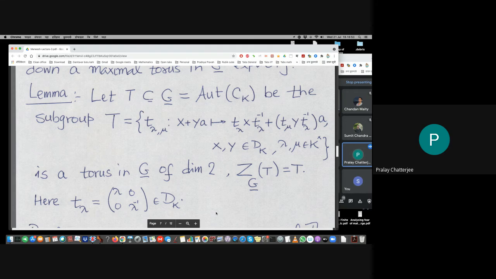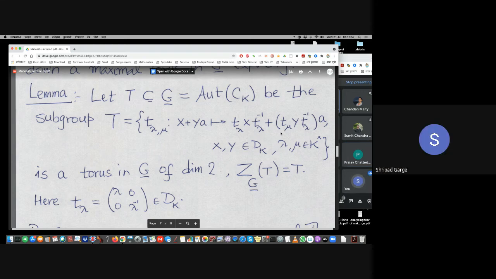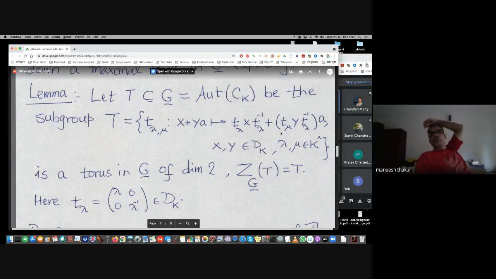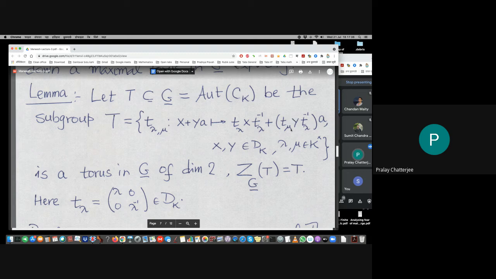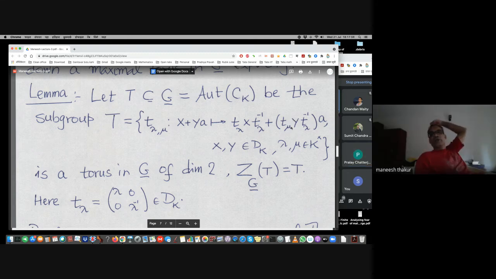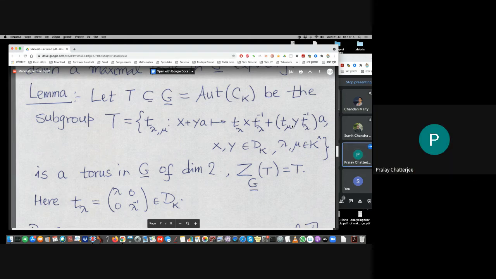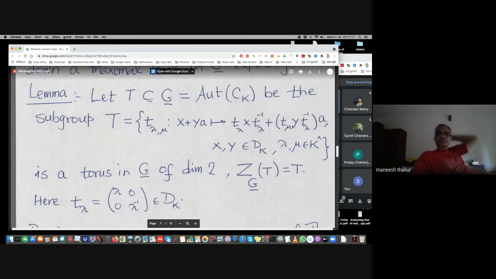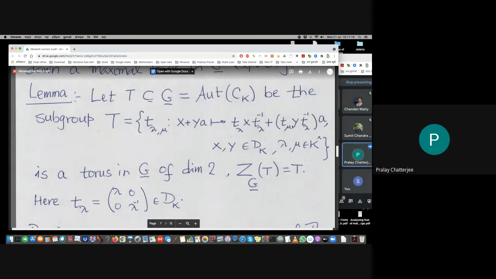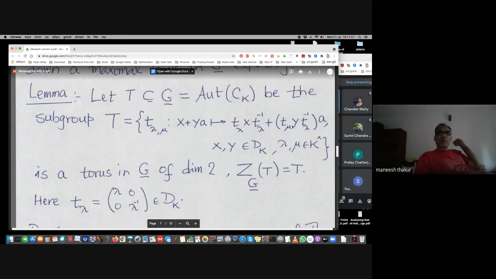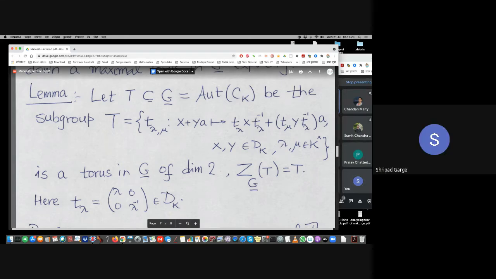Yeah, so here what you do is you push a t lambda here and a t lambda inverse there. And then combine t mu and t lambda inverse together, that will give you a norm one element. And then you have the other conjugation. But why should it give a norm one element? Because it's a determinant one matrix, the norm on the matrix.